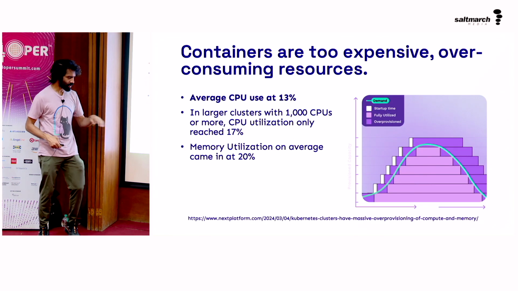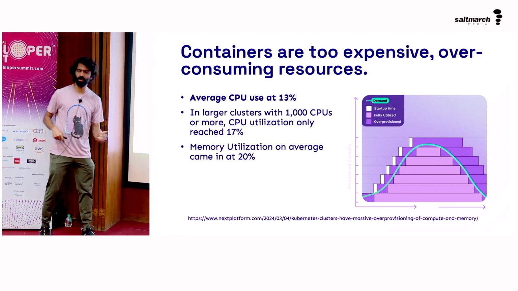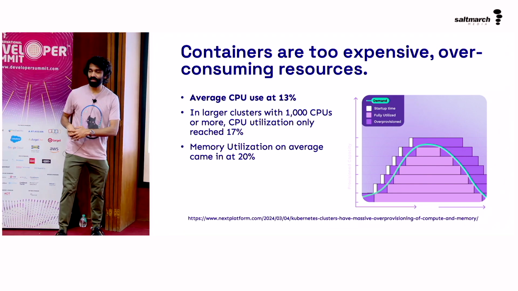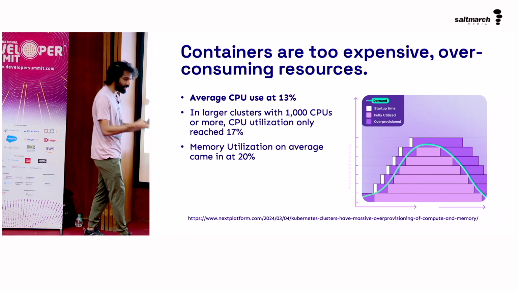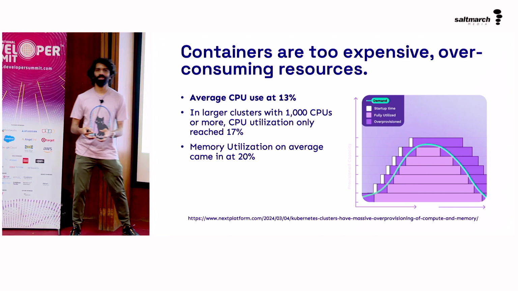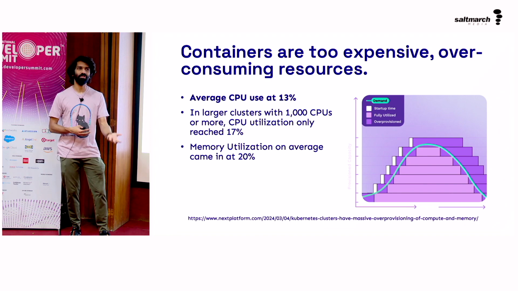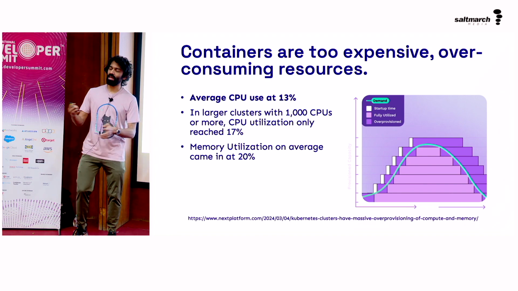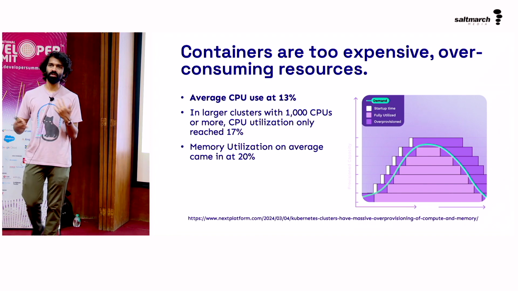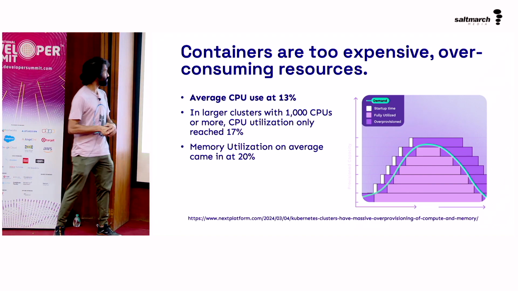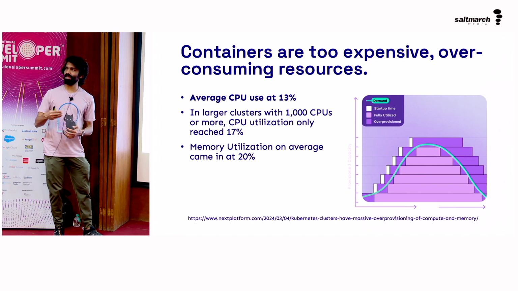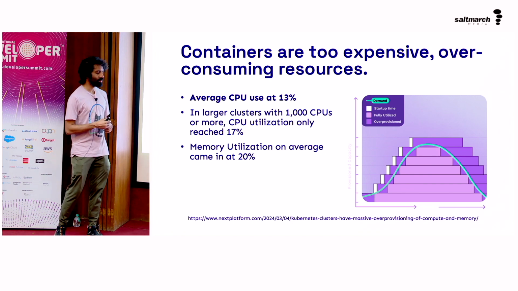In a report on Next Platform about a month ago, they saw that the average CPU use is about 13%, right? So your containers are taking these computing resources and doing nothing with them, and you're paying for it. Unfortunately, that is the nature of how the container ecosystem works right now. Even in large clusters with 1,000 CPUs or more, that CPU utilization was only about 17%.